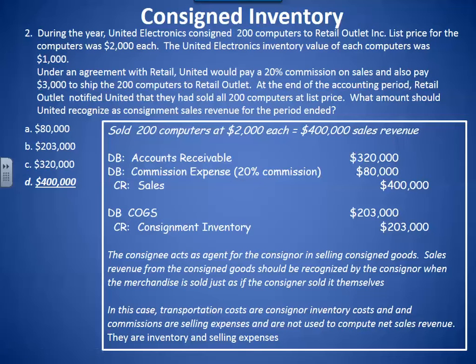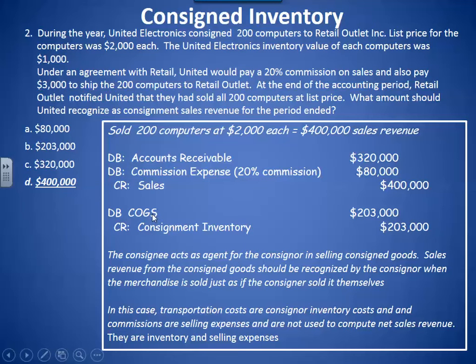Now, the journal entry recorded by United Electronics would debit accounts receivable for $320,000, which represents the net amount United would receive, the $400,000 sales price less a 20% commission. Debit accounts receivable $320,000, commission expense $80,000, and credit sales $400,000. So our sales amount is $400,000.